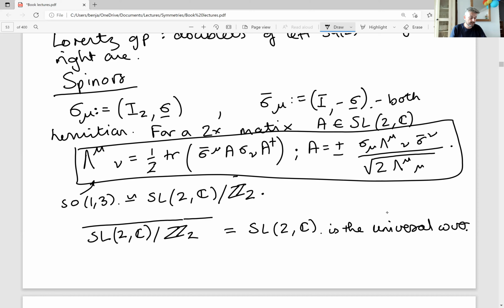So now let's look at our representation space: spinors of the Lie algebra of SU2, the left-handed one, plus the Lie algebra of the right-handed one.